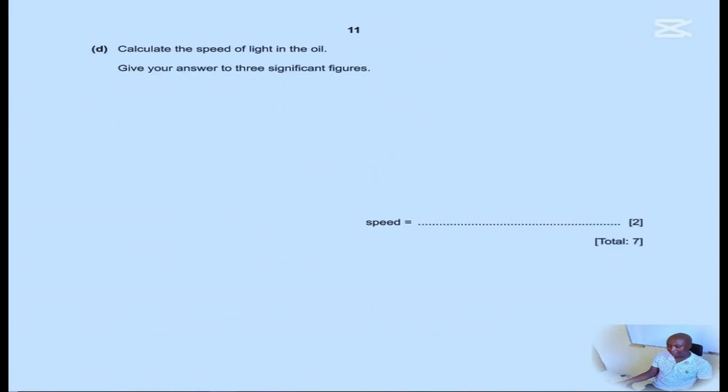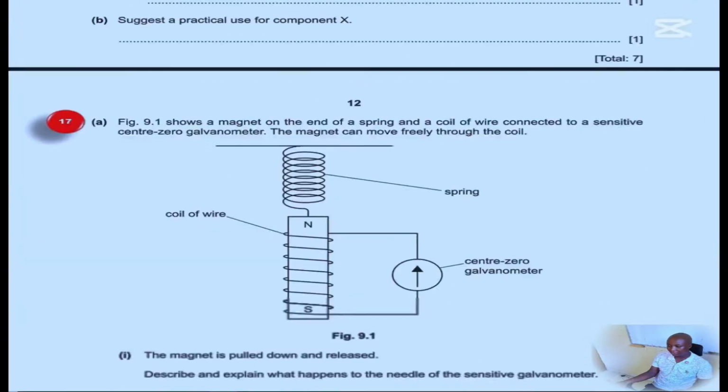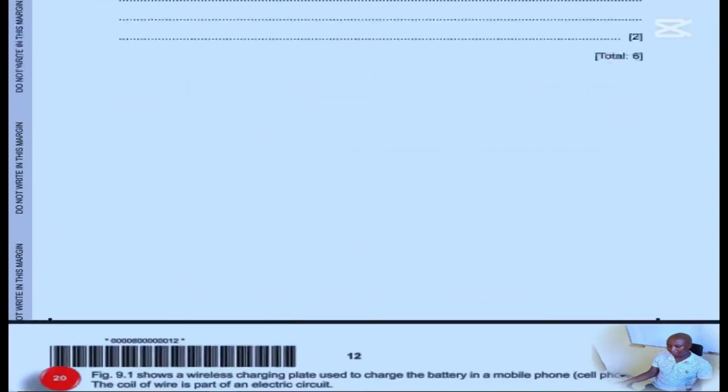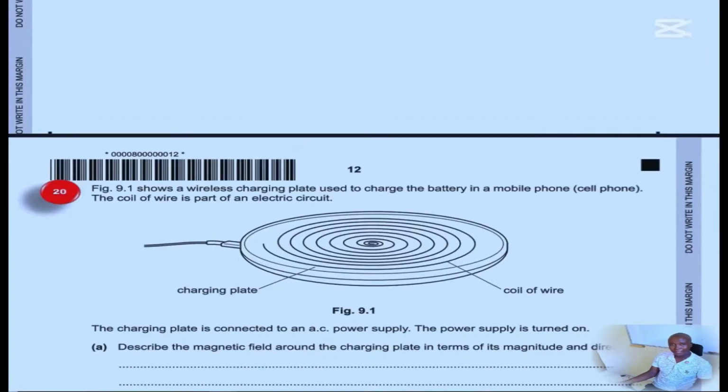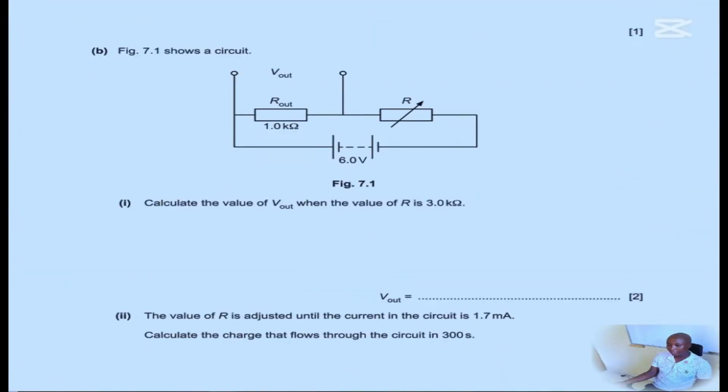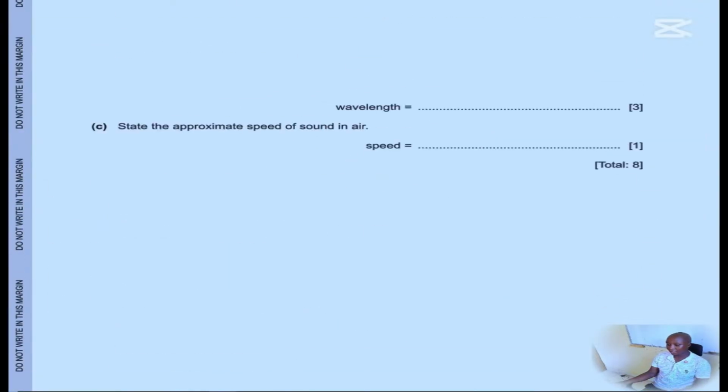Charges, you need to understand that. Electricity, we have questions on that. Then we have questions to do with electromagnetic induction, also a concept that you really need to understand how to work out. We shall talk about potential dividers, which we shall be able to discuss in the next tutorials.